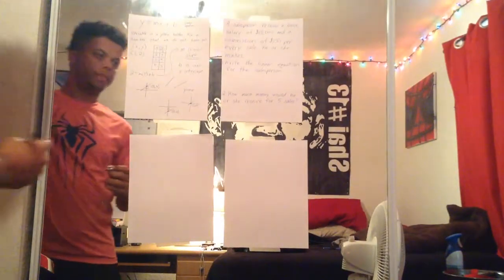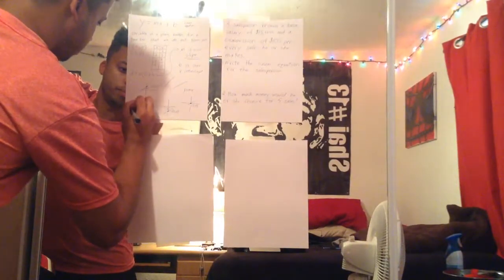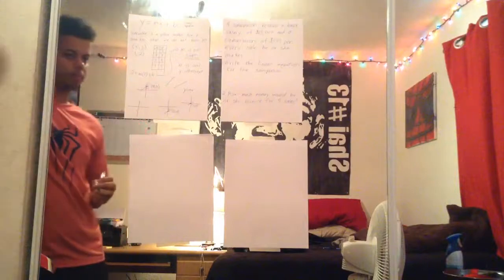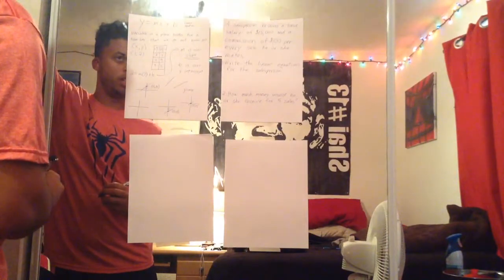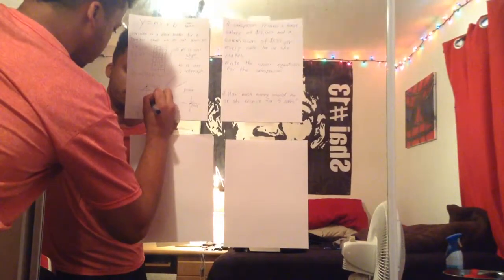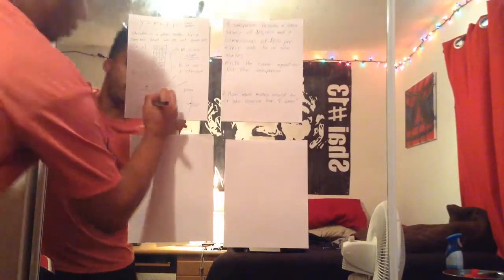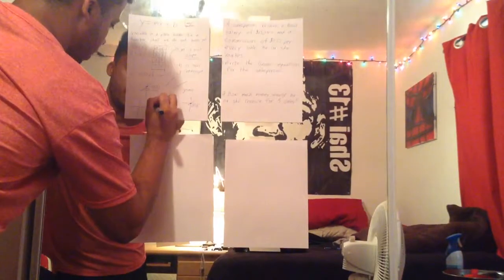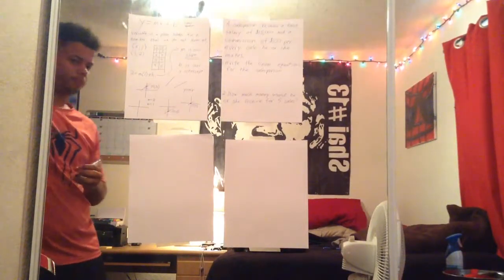So if we have a line, okay, and we have our m is 2, and our b is 1, how would we plot this, for example?